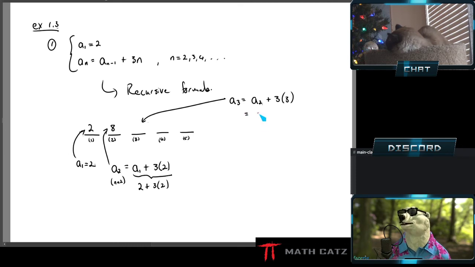So I look to the previous term, 8 plus the 9, and I get a 17. Then let's see if we can do position 4 ourselves.